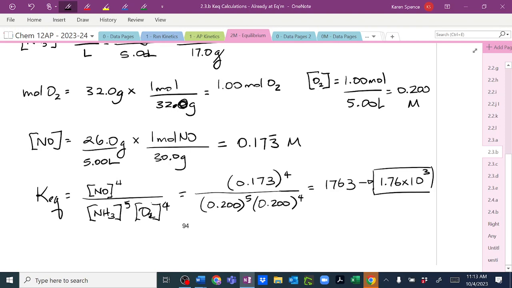Ah, that's because you rounded your 0.173. Yeah, and I did not. I had that calculation in my calculator, and so I just pressed y to the x4. So you want to use the unrounded value.